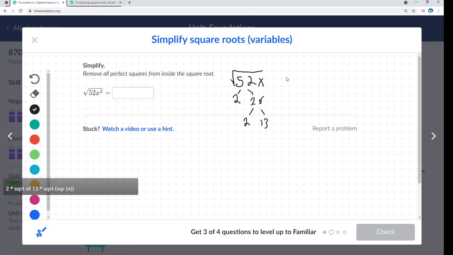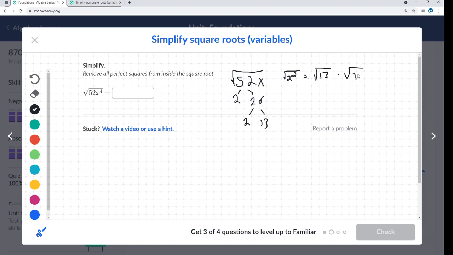And so then over here I had square root of 2 to the second power times square root of 13 times the square root of x to the fourth, right? And then 2 to the second power is 4, and the square root of that is 2. So it's 2 times square root of 13 times square root of x to the 4th.